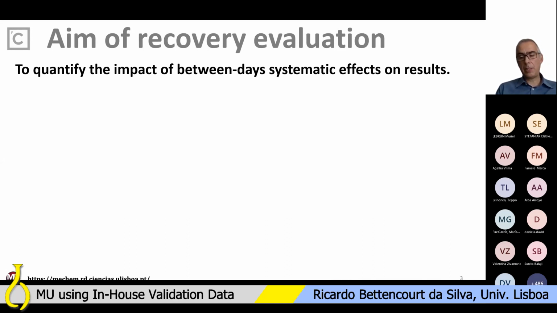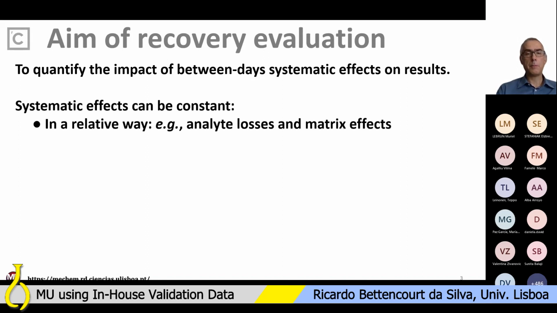The preceding standard deviation already includes the between-day and within-day precision, and we need an additional component for the systematic effects, because our measurement uncertainty aims at producing, together with the measured value, an interval that includes the true value of the measurement with a given probability. So the systematic effects must be considered in our evaluation.